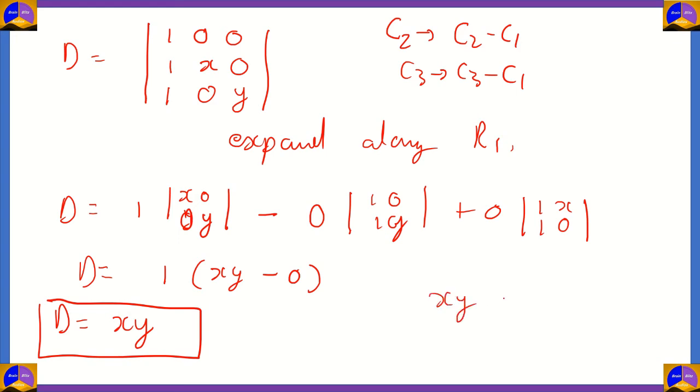So xy is divisible by x, and it's also divisible by y, because xy by x gives you y, xy by y gives you x. That is simple division. As you can see here, using our expansion technique, we found out that the determinant D is equal to xy, which is divisible by both x and y.